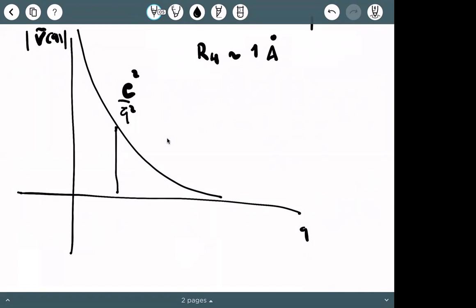Then from 1 angstrom, I say, okay, the typical momentum is going to be h bar over 1 angstrom. Roughly speaking, okay? That's a typical momentum exchanged by, say, the electron and the proton. Okay? Fine.